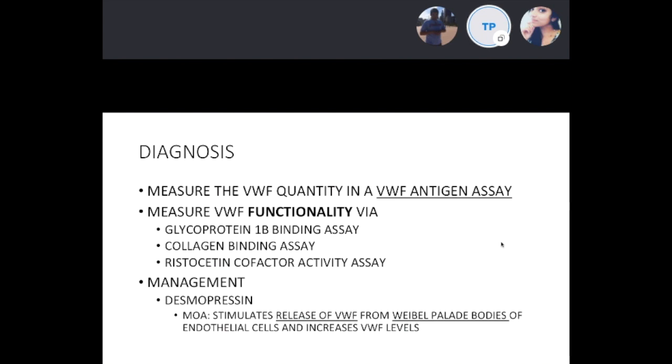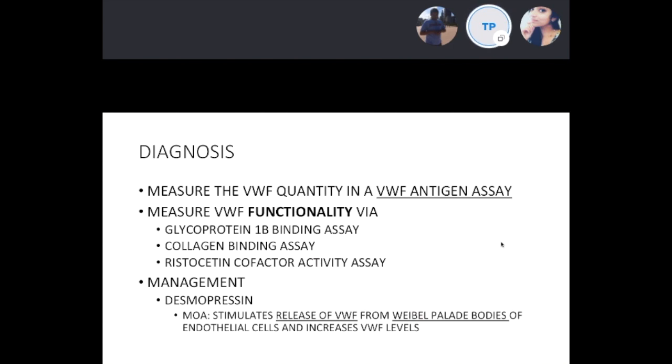So if there's binding occurring, that can give us an idea that it is at least functional. You can do a collagen binding assay, which would allow us to figure out whether von Willebrand factor is able to adhere to the collagen in the endothelium. And then we can do a ristocetin cofactor activity assay. So that'll be the next slide.